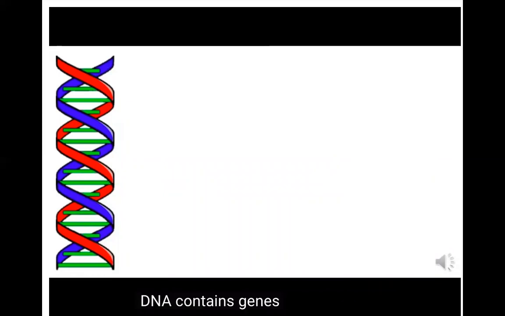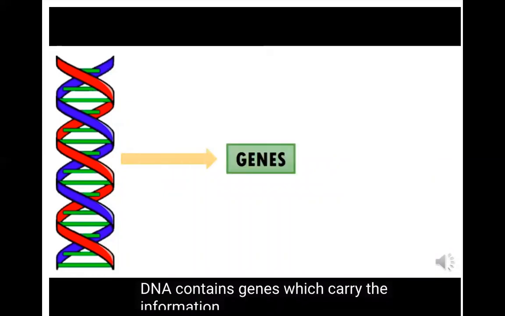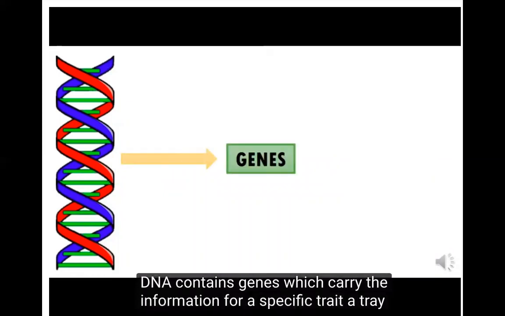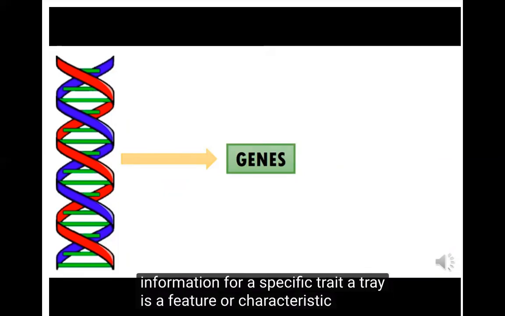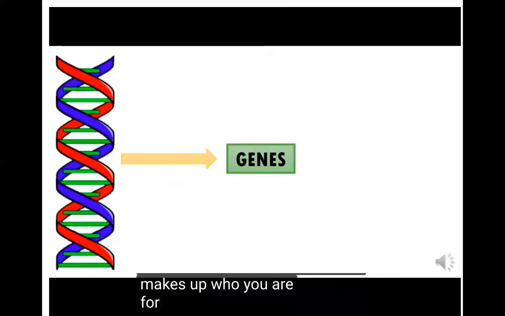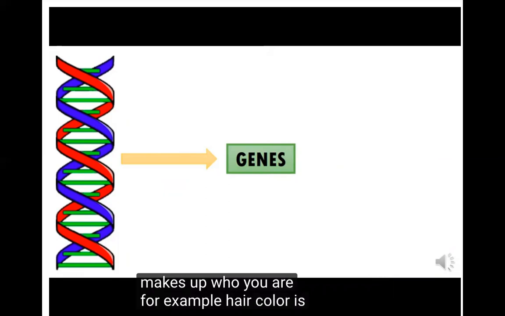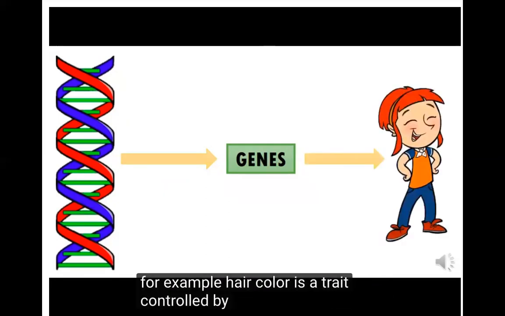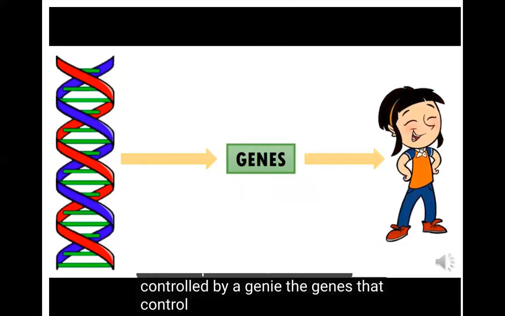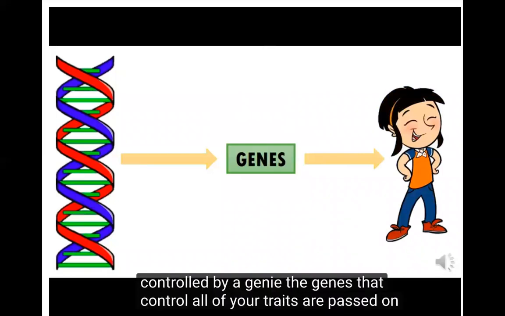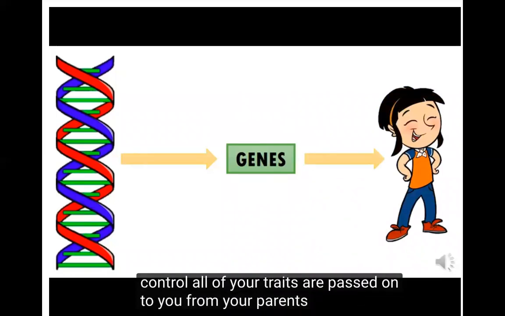DNA contains genes, which carry the information for a specific trait. A trait is a feature or characteristic that makes up who you are. For example, hair color is a trait controlled by a gene. The genes that control all of your traits are passed on to you from your parents.